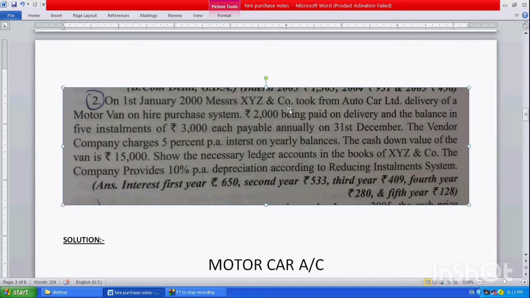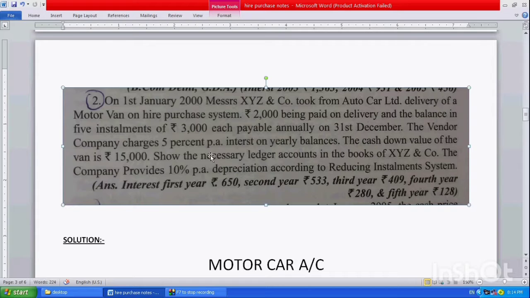On 1st January 2000, Messrs. XYZ company took from Autocar Limited delivery of a motor van on hire purchase system. 2,000 being paid on delivery, and the balance in 5 installments of 3,000 each, payable annually on 31st December.